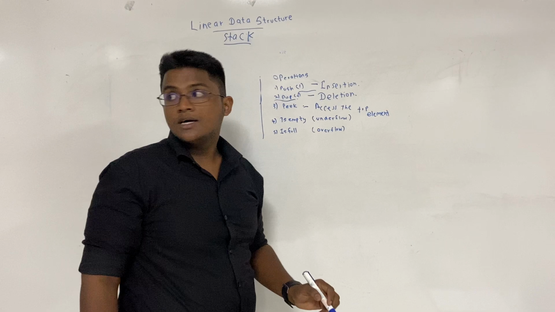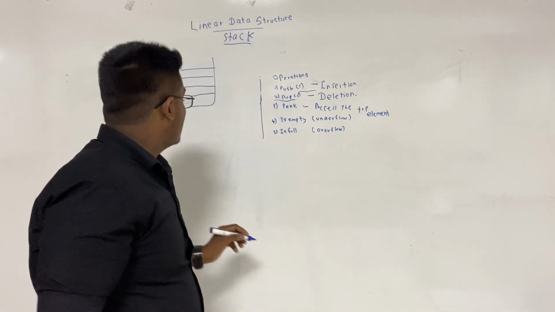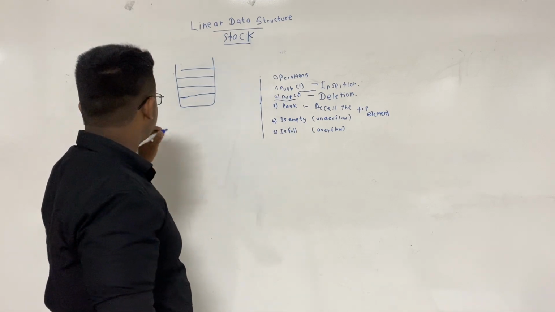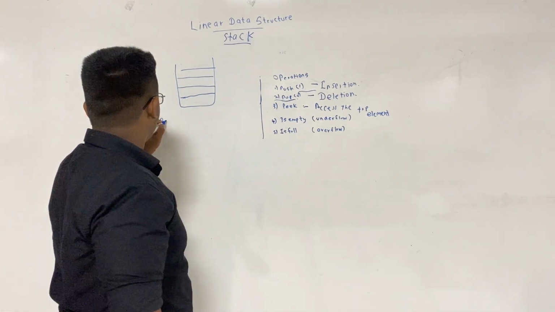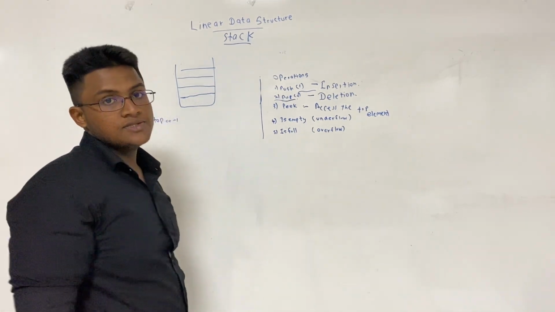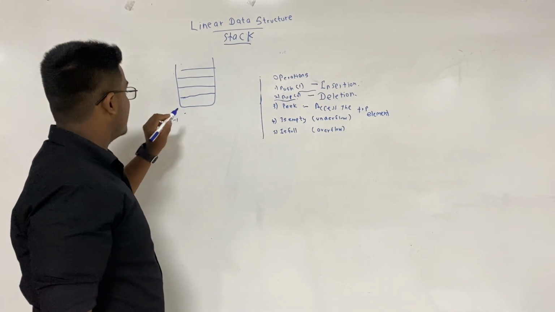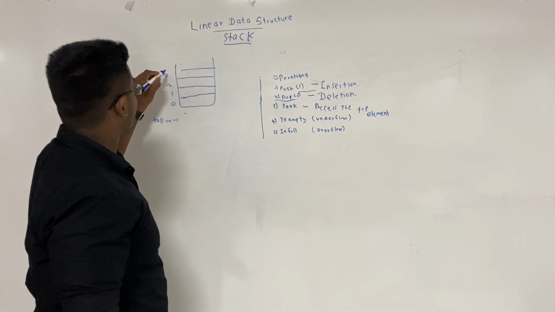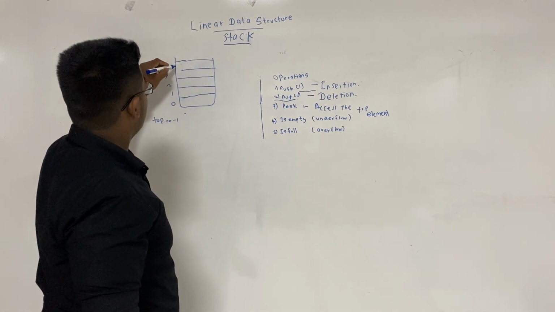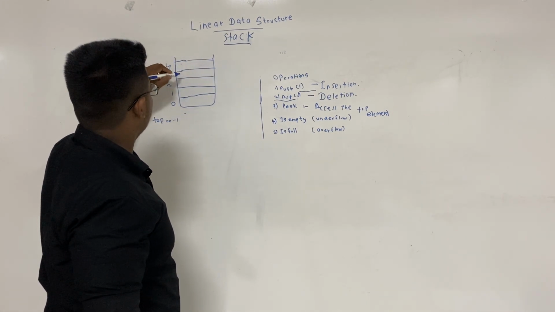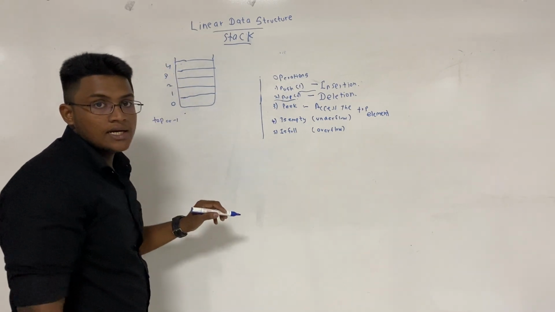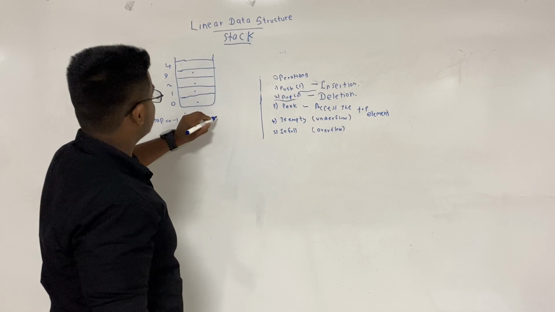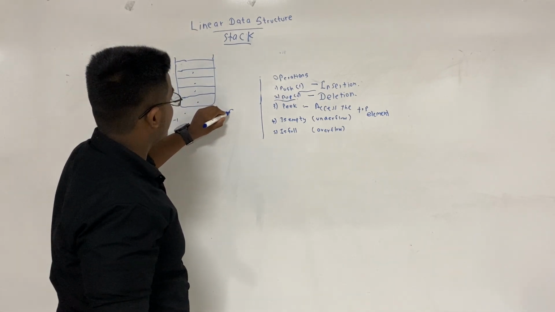So in stack we are taking top first. In the beginning we take top equals -1. That means somewhere here, and we are putting 0, 1, 2, 3 and 4. So here there are 5 elements. And now I am assigning n equals 5. The size is 5.